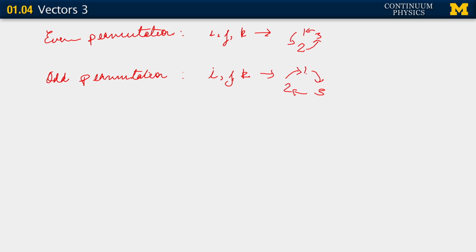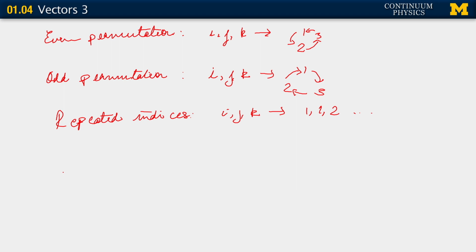And if it turns out that either i or j or k represents a repeated index, such as if you have something like this, the index 1 has been repeated there. That's what I mean by repeated index. So all of these give us the different values of our permutation symbol.